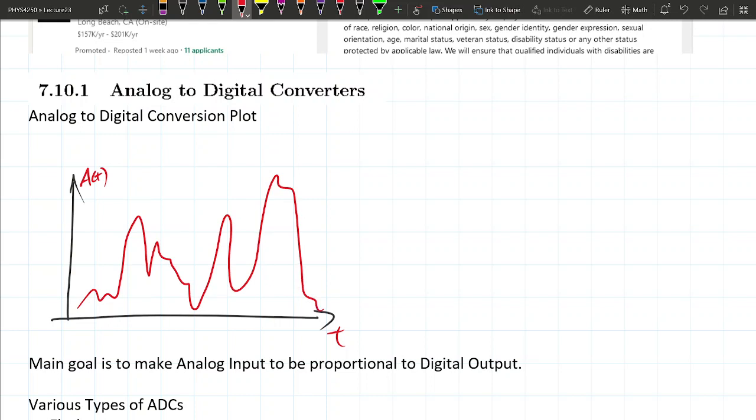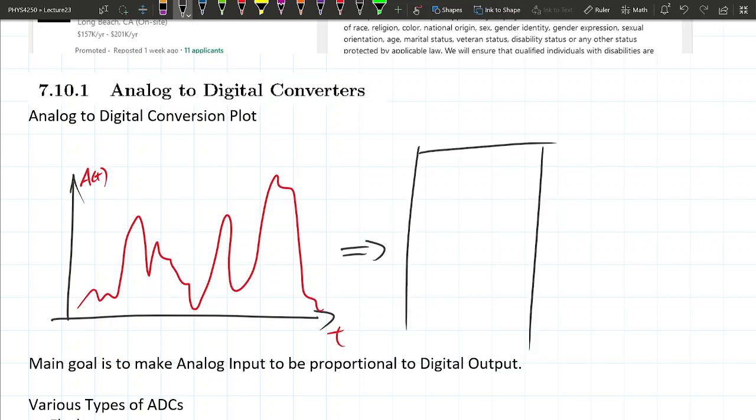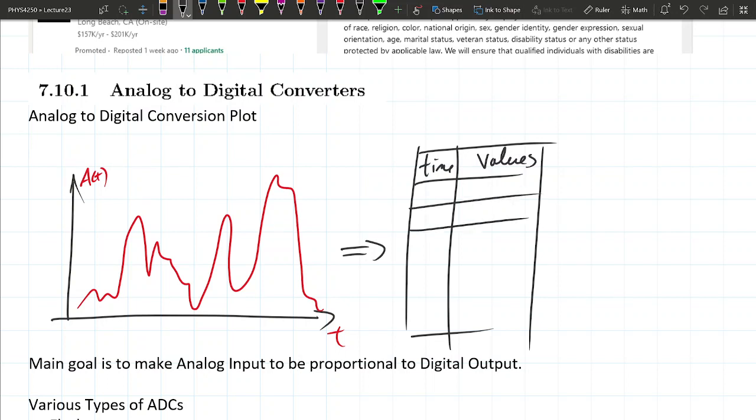The idea is that I want to convert this to digital information, which is just a list of numbers as a function of time, values. I'm not even going to try to do the binary version, because I can't do the binary conversion quickly enough. So t equals 0, 1, 2, 3, 4, 5, 6.